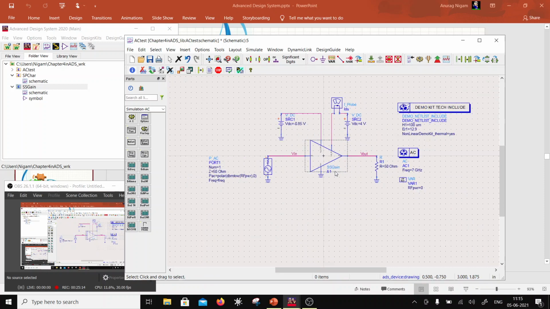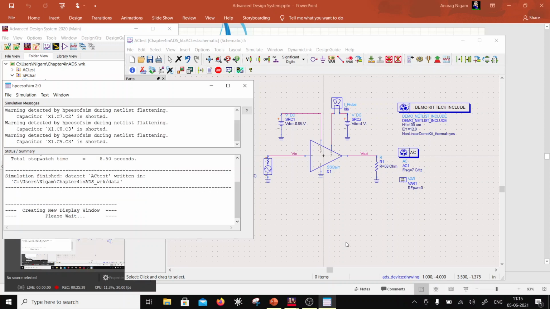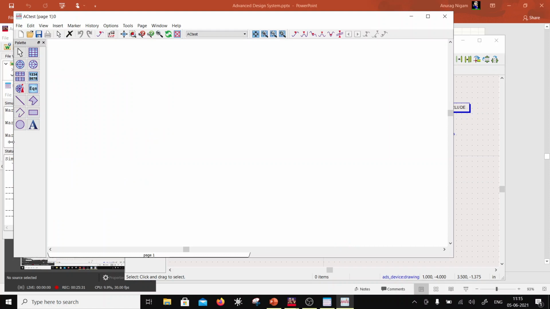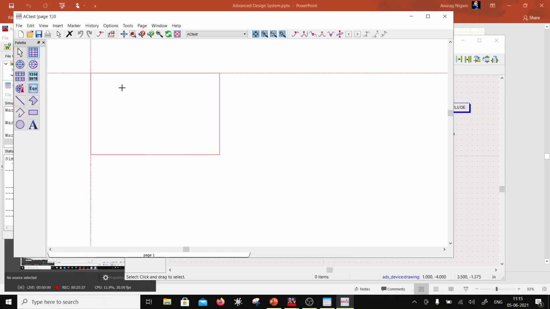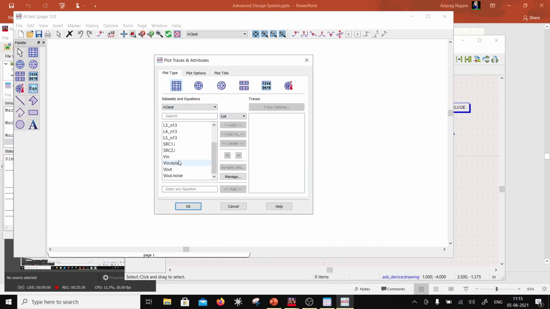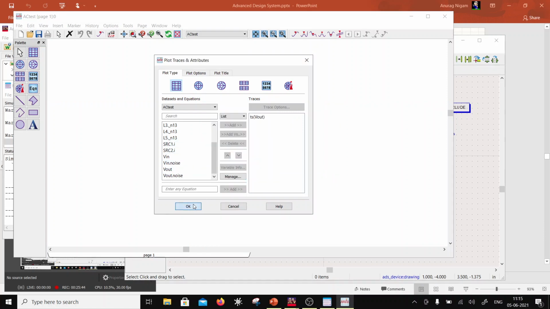Okay, so this is the schematic, and if I hit simulate, let's see what it's saying. Okay, don't worry about this warning. Now I can put in two waveforms. One is the V out, and I want to put a time domain signal.